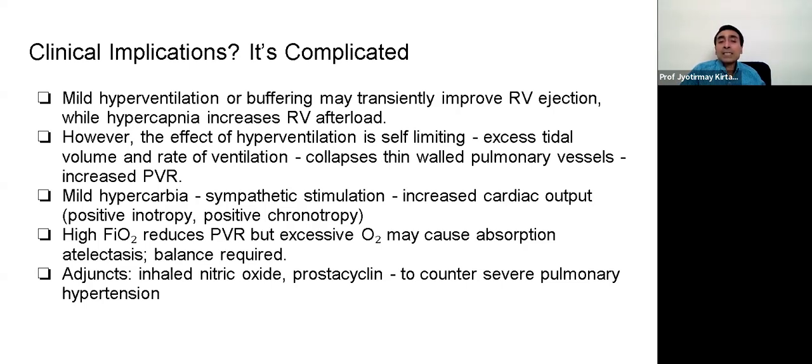So we use these adjuncts, nitric oxide and prostacyclin, to counter severe pulmonary hypertension, provided conditions apply. Where you have confirmed that the left ventricular contractility is not very bad, at least around 40% ejection fraction, or whatever you see, like left ventricular velocity time integral, whatever you measure.